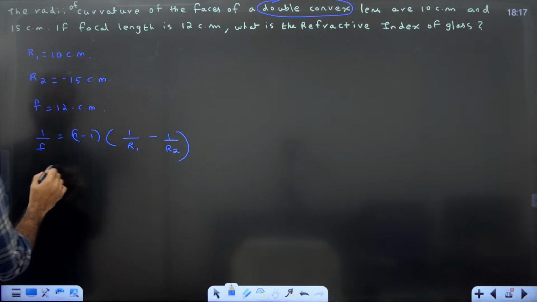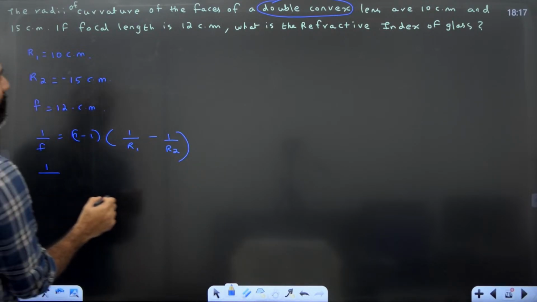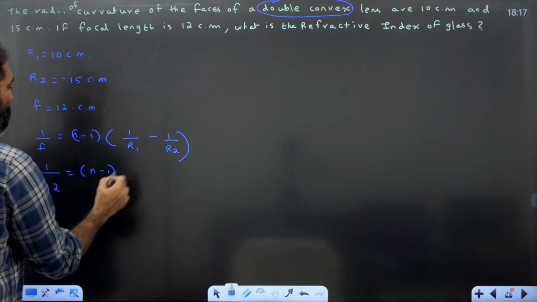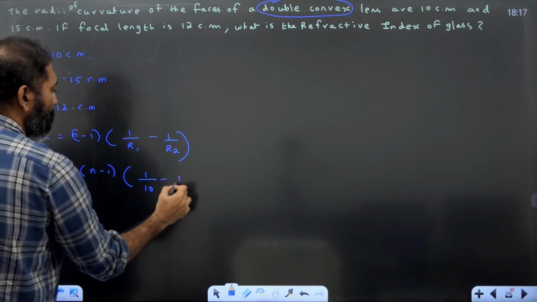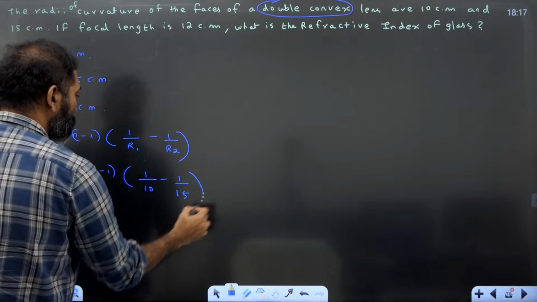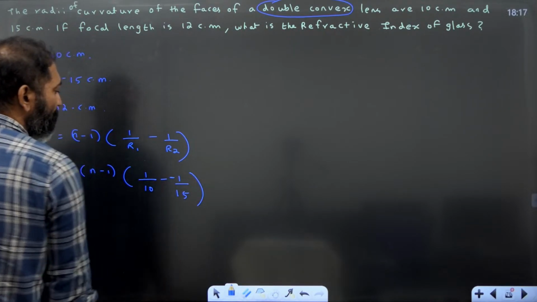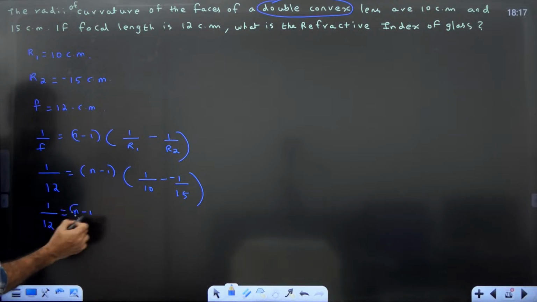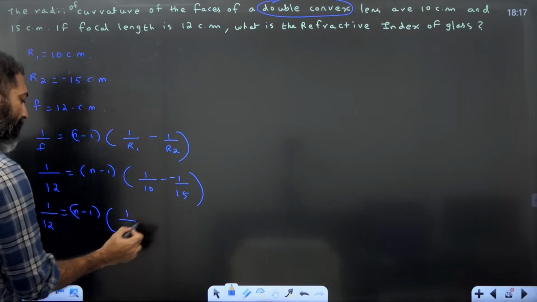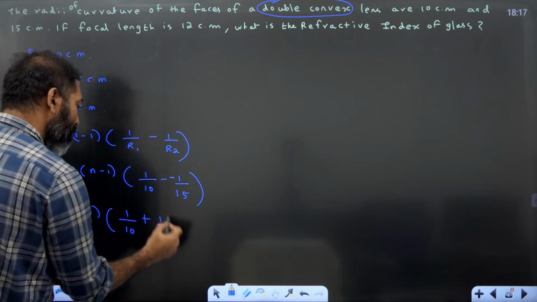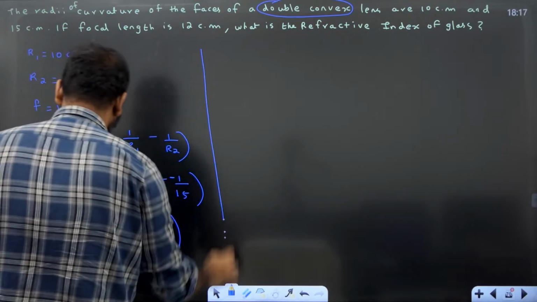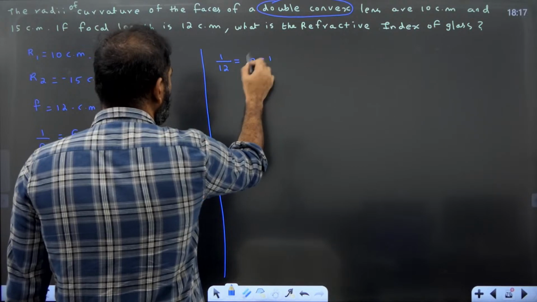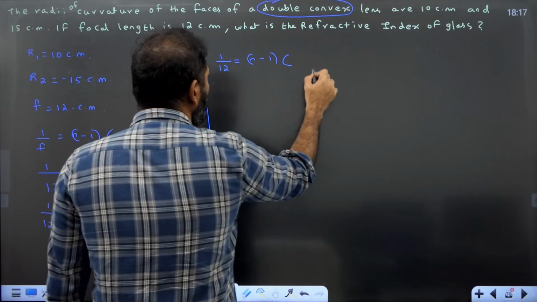So 1 by 12 is equal to n minus 1 into 1 by 10 minus, minus 1 by 15, so 1 by 10 plus 1 by 15.